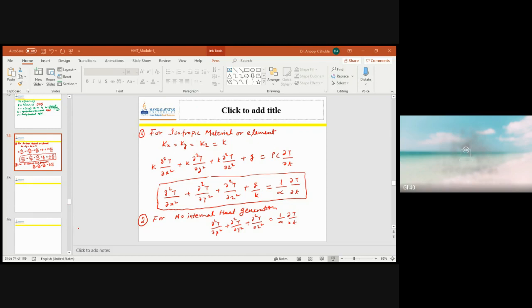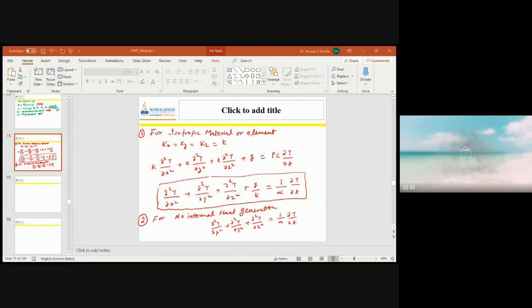So here: del square T upon del r square plus 1 by r del T upon del r plus 1 by r square del square T upon del theta square plus del square T upon del z square plus g by k is equal to 1 by alpha del T upon del t. So this is the generalized three-dimensional heat conduction equation in the cylindrical coordinate system.